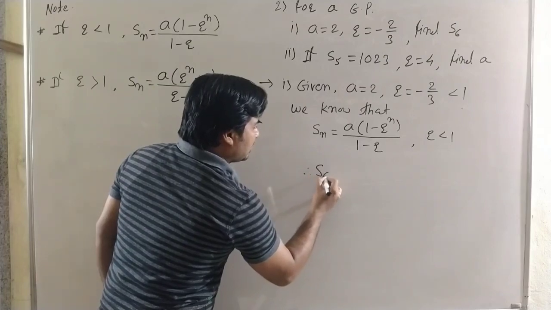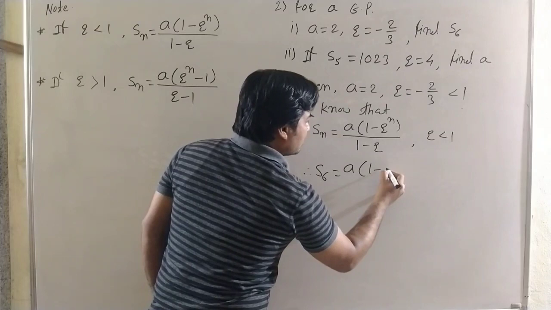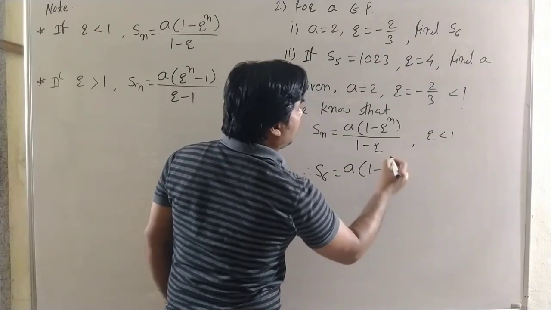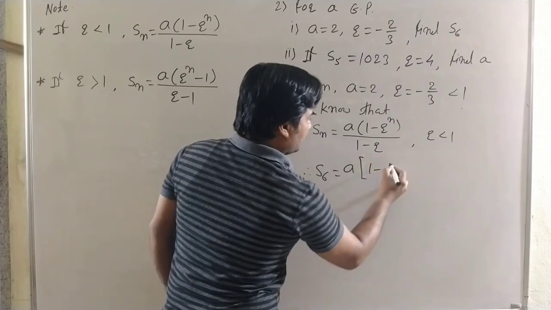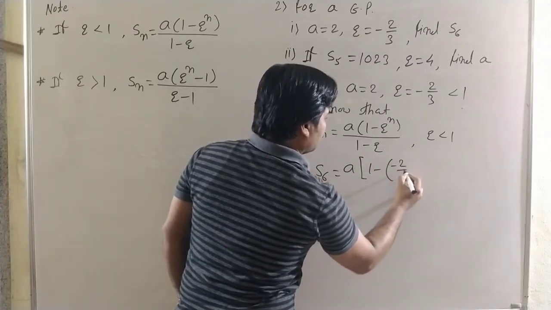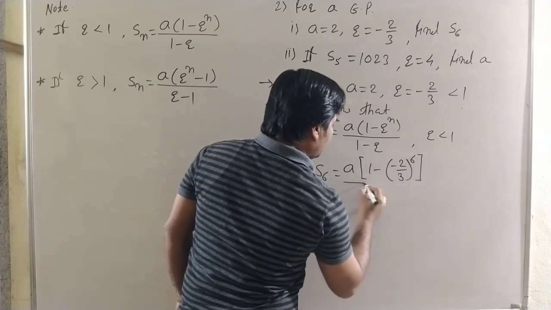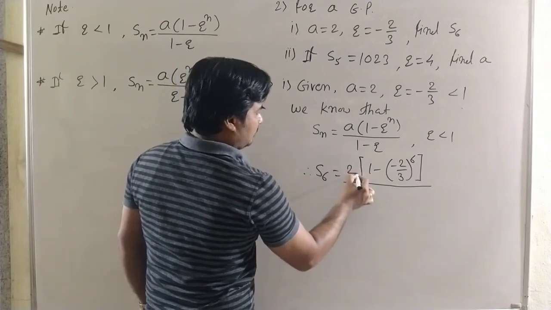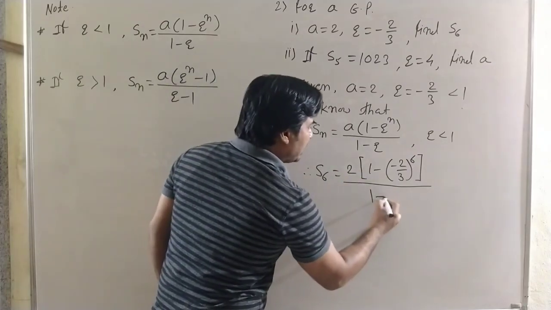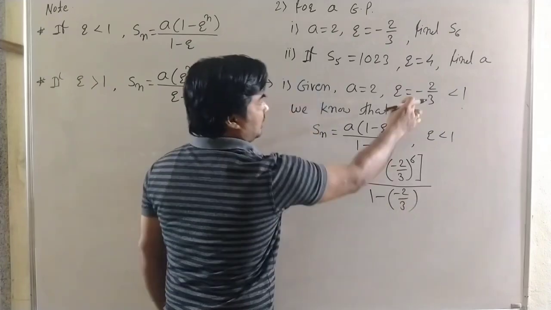Therefore S6 is equal to a into 1 minus r to the power 6, where r is minus 2 by 3, to the power 6, and whole upon 1 minus r, where a is 2.